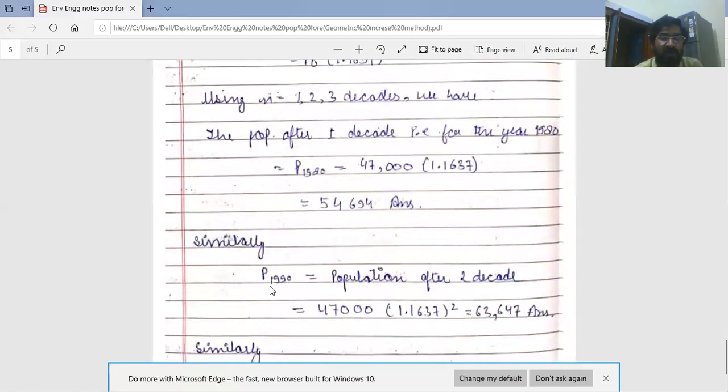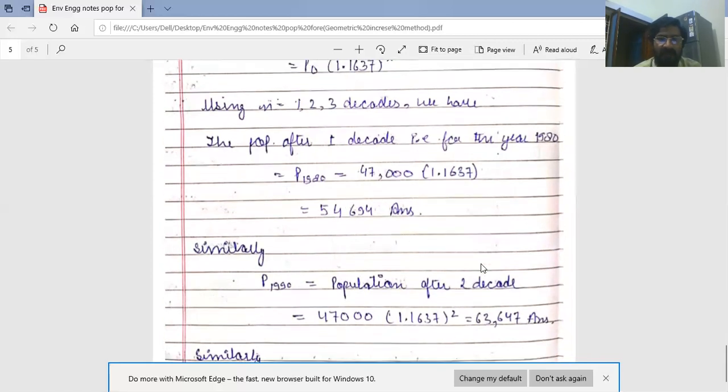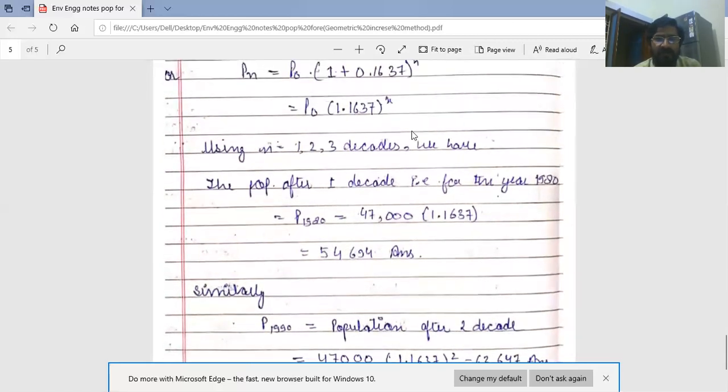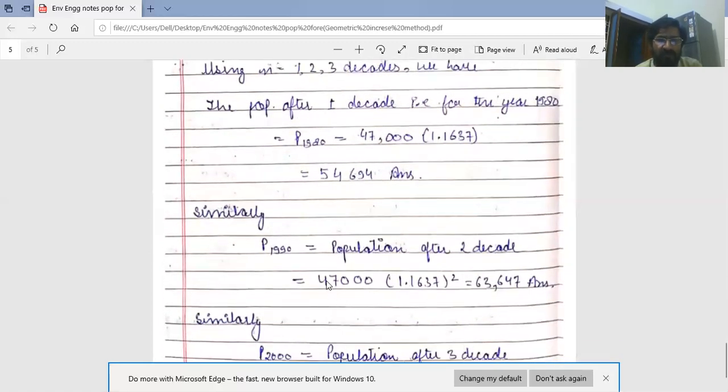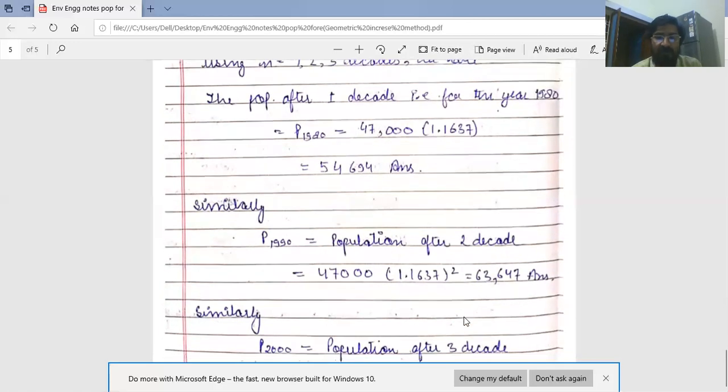Similarly, P2, population in 1990, P1990, is the population after 2 decades, so n is equal to 2. That is 47,000 into 1.1637 to the power 2, which is equal to 63,647 population.